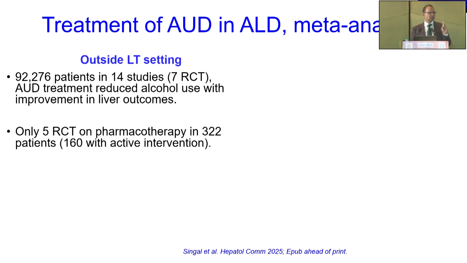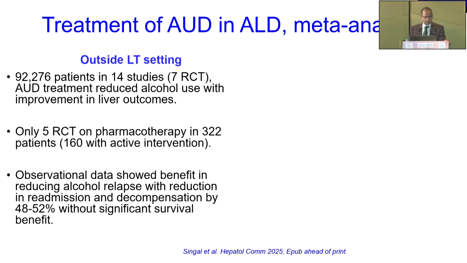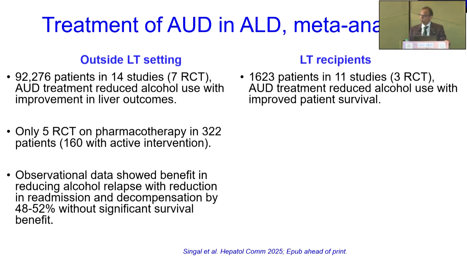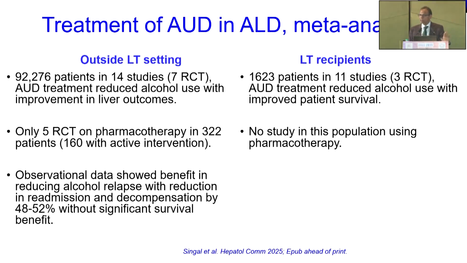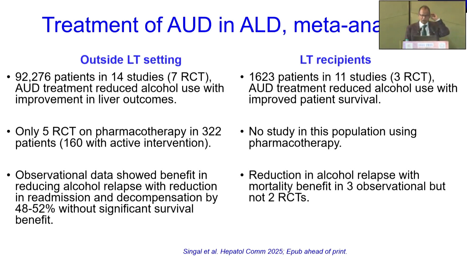Such a common liver disease, and only 300 patients are enrolled in pharmacotherapy development for alcohol-associated liver disease for AUD treatment. Clearly, there is an unmet need, despite observational data showing there is a benefit. What about transplant recipients is even worse. There is no study investigating pharmacotherapy in liver transplant recipients. So it's a clear unmet need for developing new therapies.